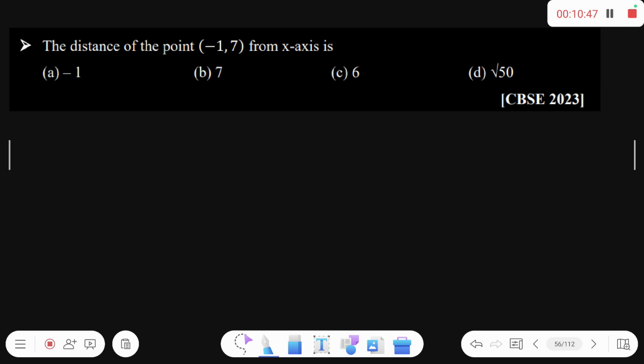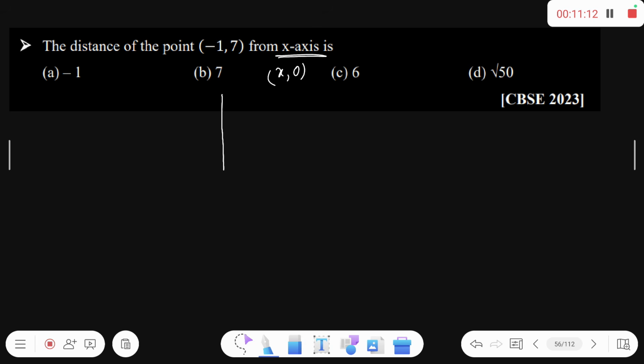So the first question from coordinate geometry, you have to find the distance of this point from x-axis. So on x-axis the y coordinate is 0. So we assume the point to be x, 0. You have to calculate the distance from x-axis. It will be a perpendicular distance. Taking this point as -1, 7.